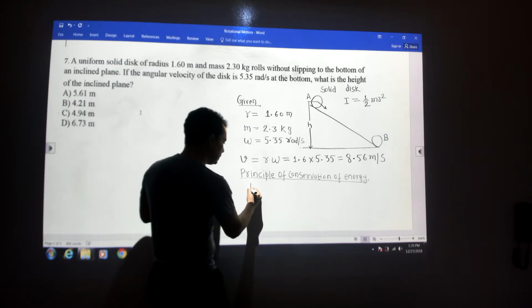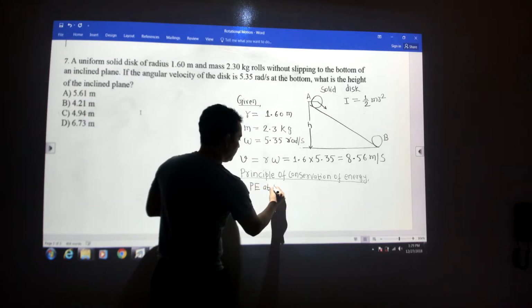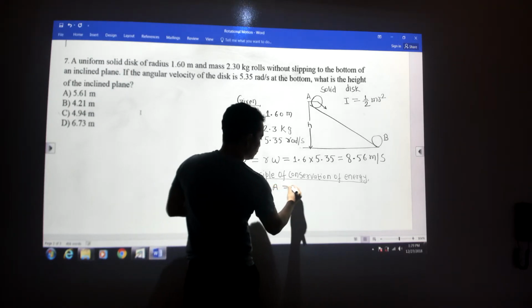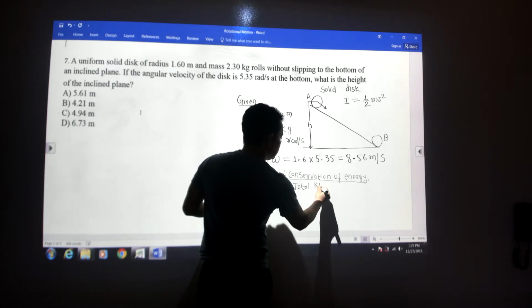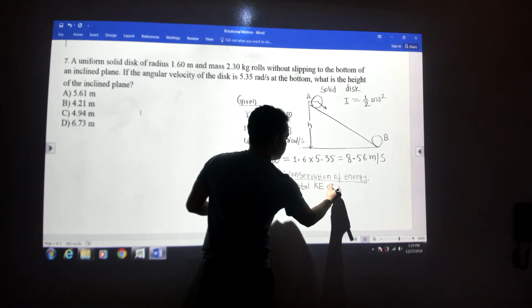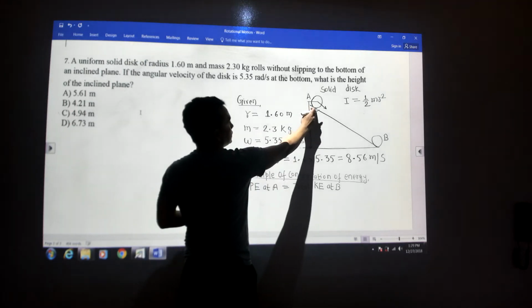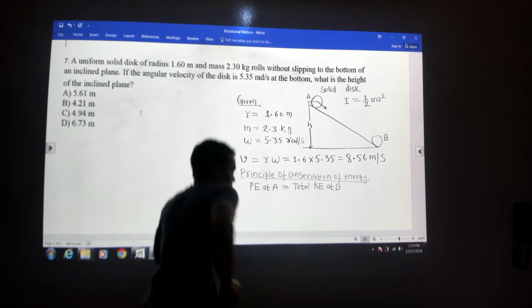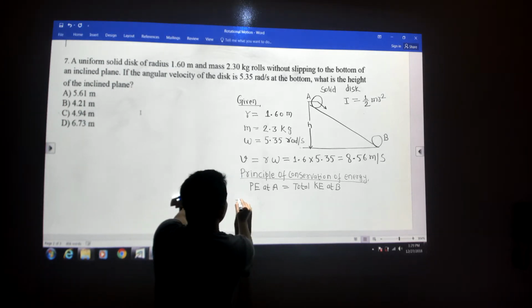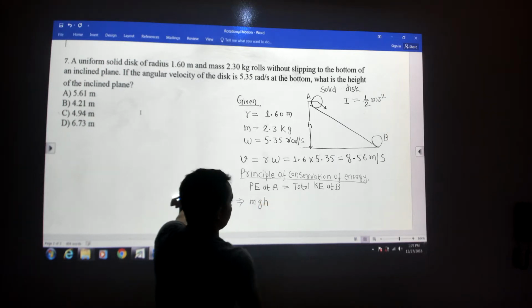So the potential energy at A has to be equal to the total kinetic energy at B. What is the potential energy? It's only the gravitational potential energy. So this is equal to mass times g times the height.